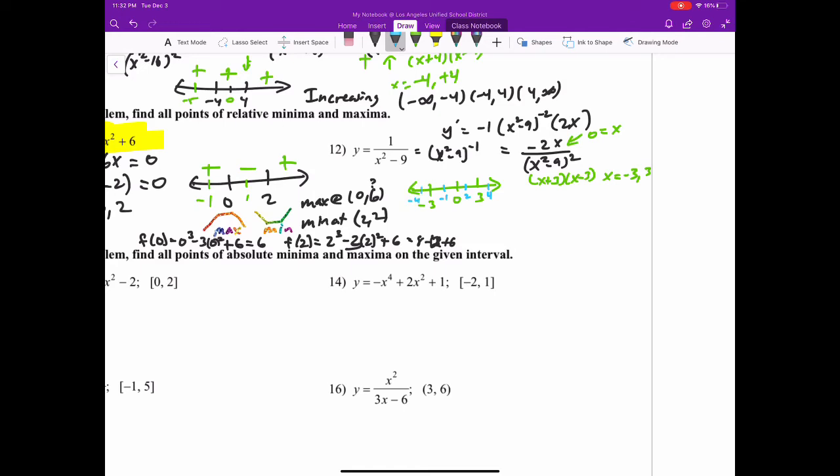And as you plug these values in, we realize it's going to be a negative over a positive. The bottom will always be positive, so that's going to be negative. This is going to be negative, because this is going to be negative 4 on top. This is going to be a positive, and it's going to be positive.